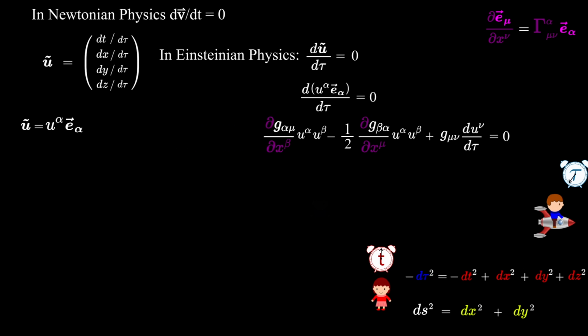Another thing to note is that dg_αμ/dτ is equal to ∂g_αμ/∂x^β dx^β/dτ by the chain rule, since g_αμ is a function of the x^β, and the x^β are in turn a function of Alice's proper time. And here we replace dx^β/dτ with u^β, because that's the definition of the 4-velocity u^β.